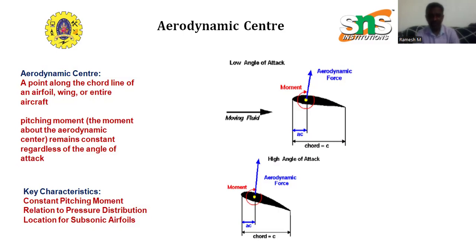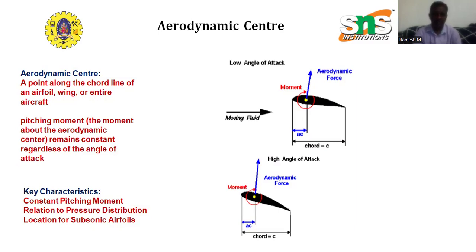And what are the applications related with this aerodynamic center? One is aircraft stability. Then wing design, as well as analysis for simplification. Under these conditions, the aerodynamic center plays a very crucial role.